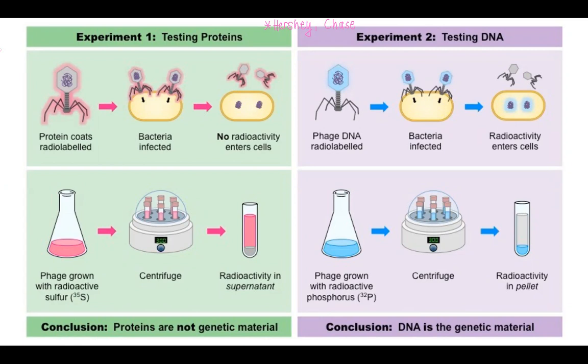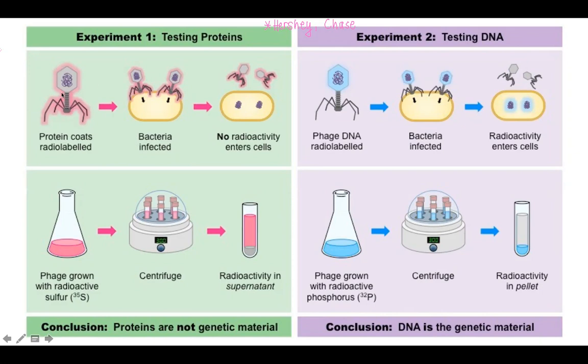So they used radioactive phosphorus to label DNA, and they used radioactive sulfur to label proteins because we have sulfur in proteins but not in DNA. So what they did was they had the bacteriophage with the proteins radio labeled.